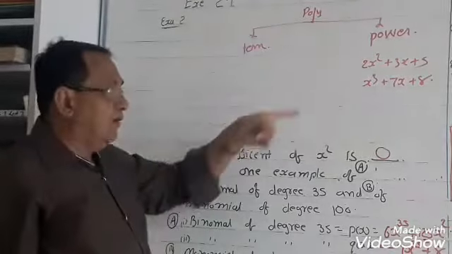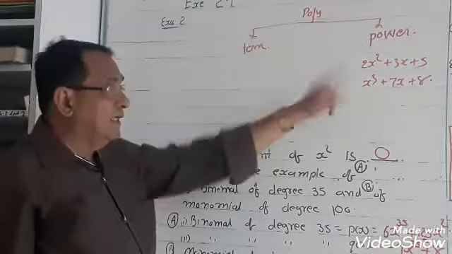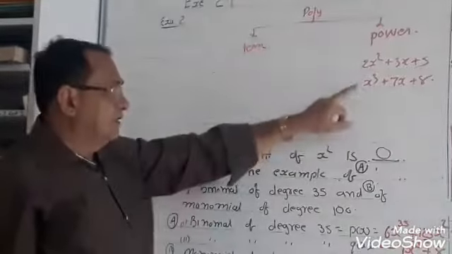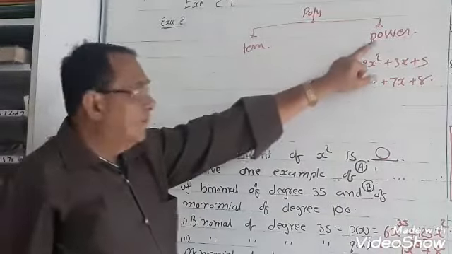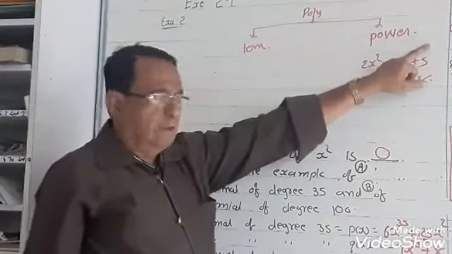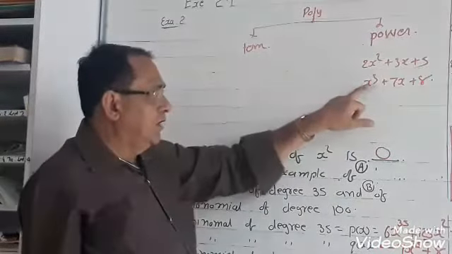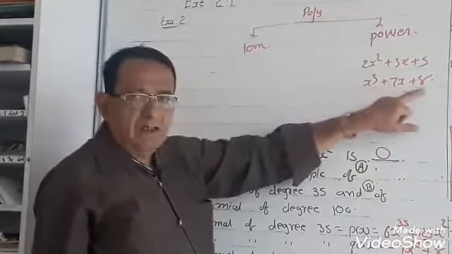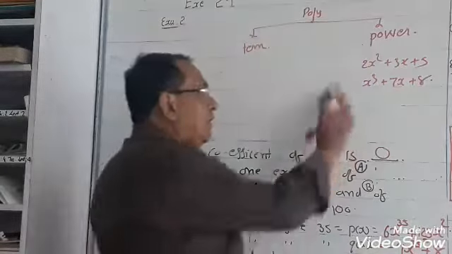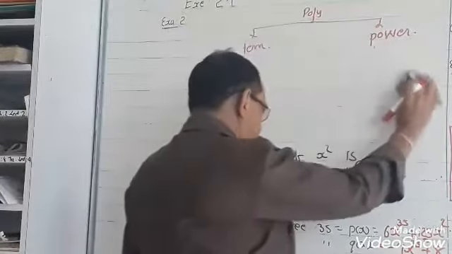The highest power in the polynomial is known as the degree of the polynomial. So linear has degree 1, quadratic has degree 2, and cubic has degree 3. Not terms, it is per degree.